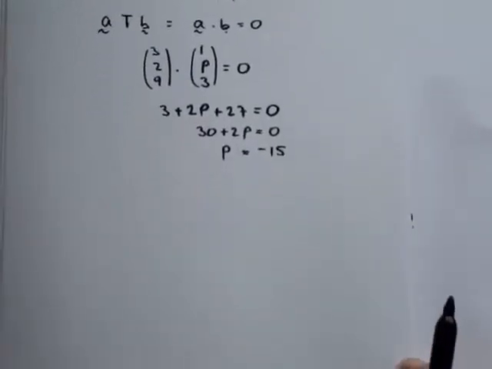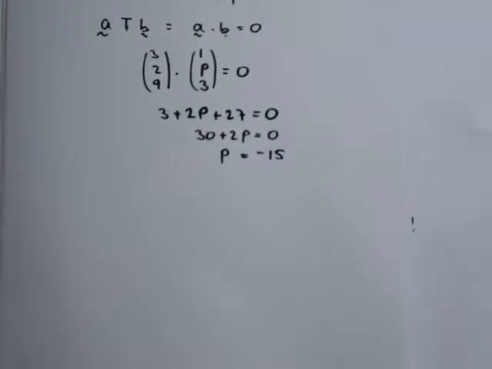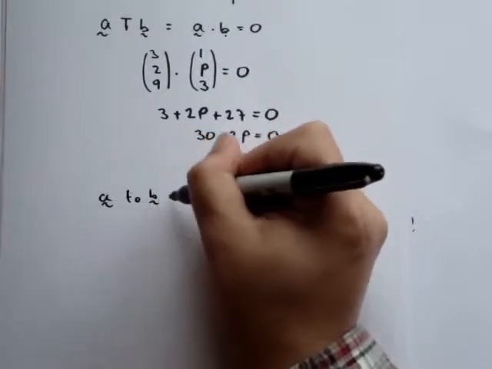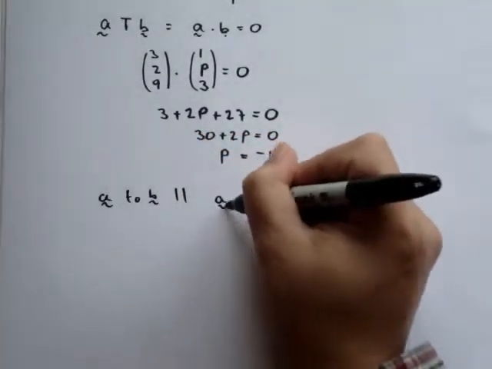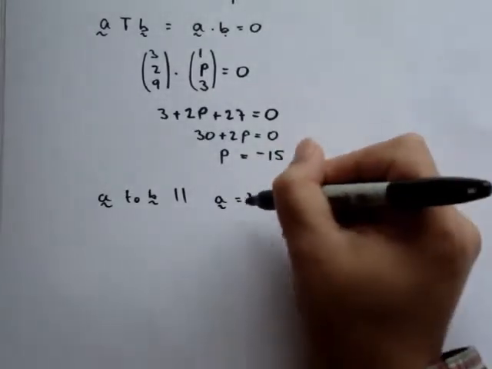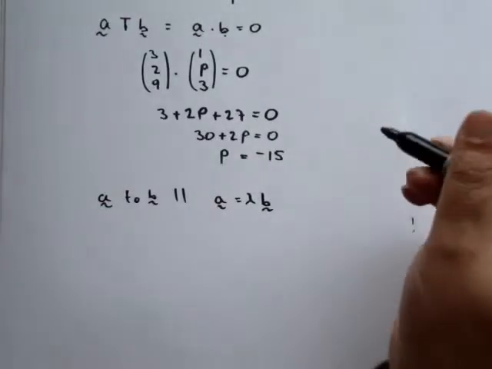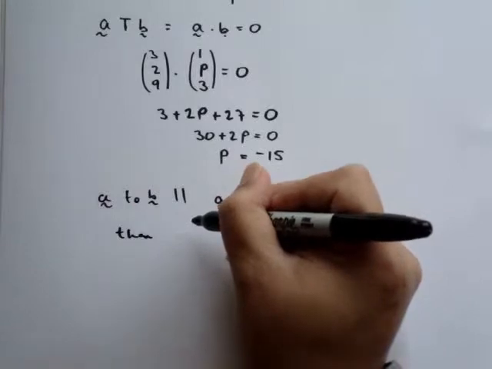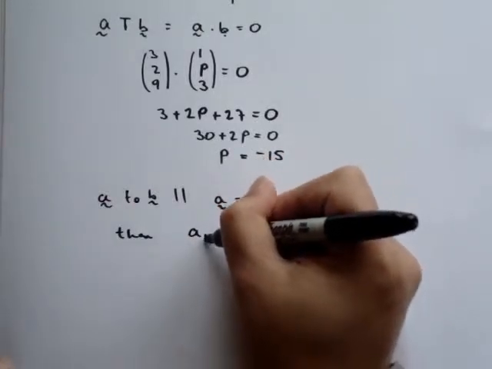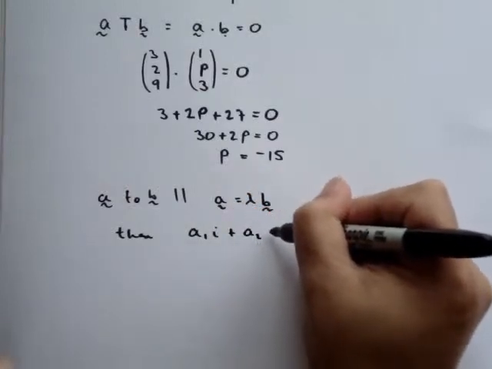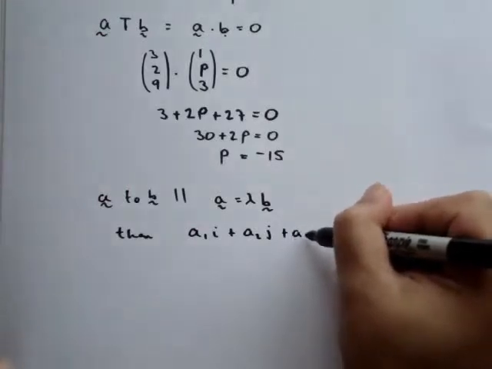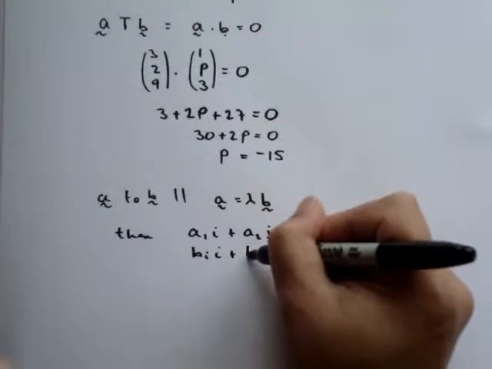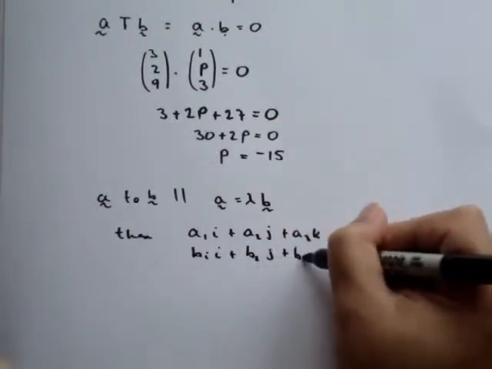In our second case, when we want to find p when they're parallel, a has to equal some parameter multiplied by b. Then we get a1 i plus a2 j plus a3 k, and here we'll have b1 i plus b2 j plus b3 k.